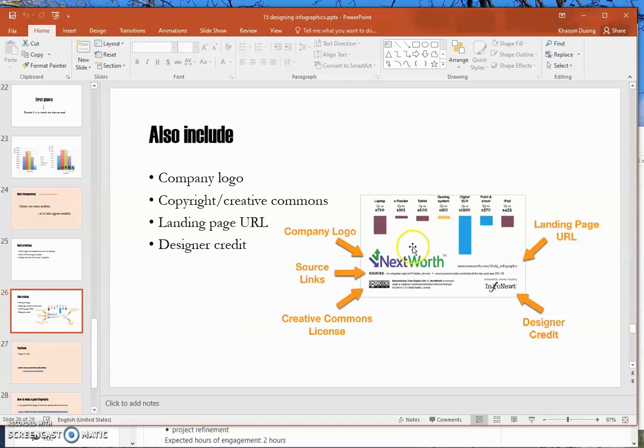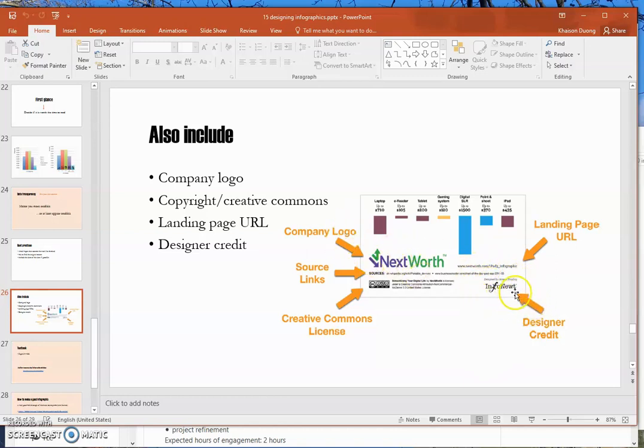Other things to include: take a look at this, I think probably the last part of an infographic, where they have things like the company logo, the data visualization, a landing page to direct traffic, and information about the designer, so that the designer gets visibility, popularity, traffic, that sort of thing.